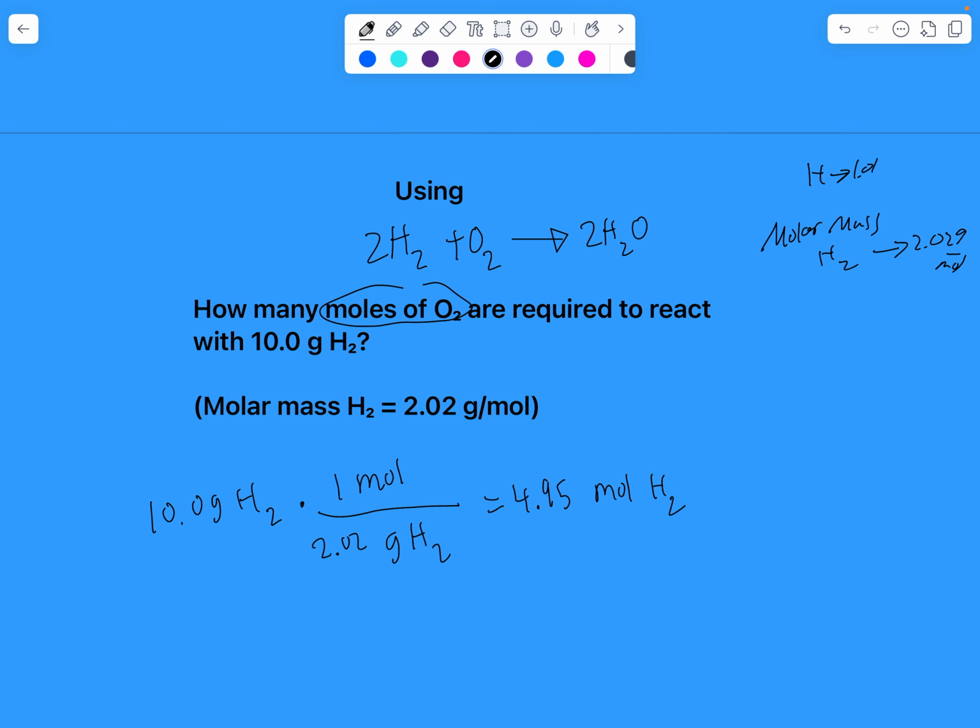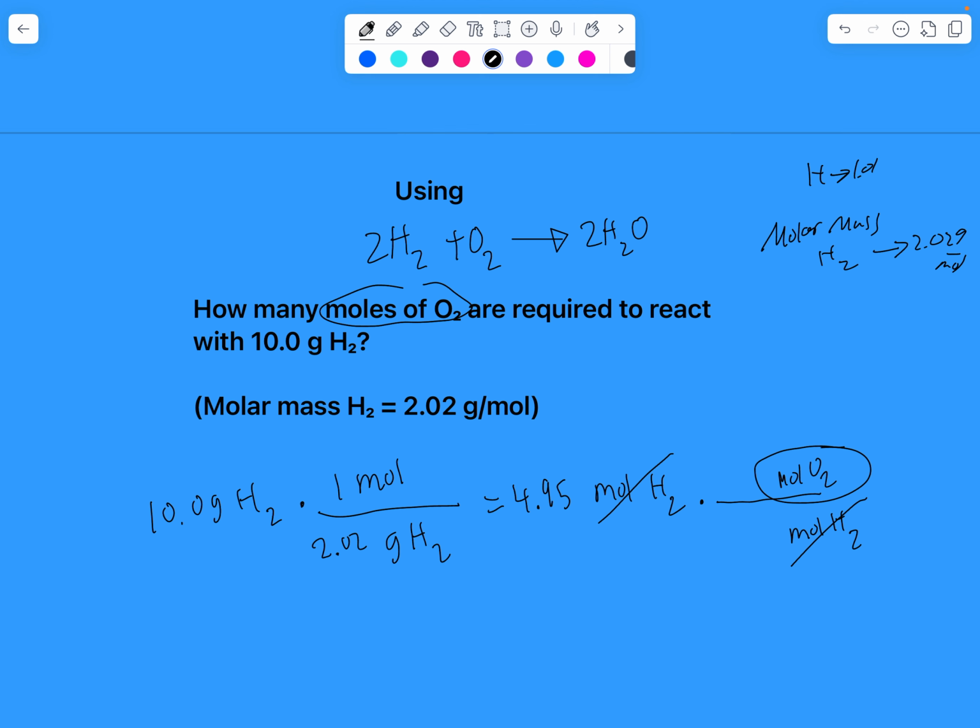Now, we have to get rid of moles of H2, and we need to get all the way to moles of oxygen. So I'm going to cancel out these moles of H2, and then I'm left with the right unit. So that's a good way to know where you stand with one of these.